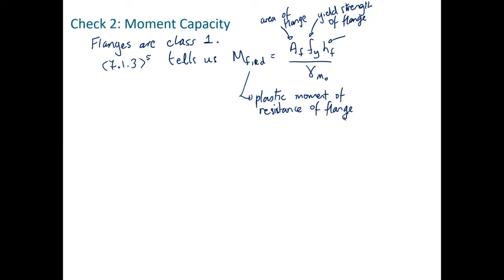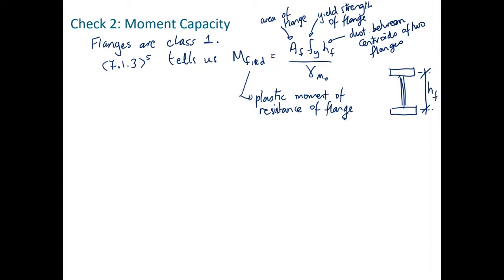And HF is the distance between the centroids of the two flanges. So we have one flange there, with the web, and the other flange there. This distance here is HF.